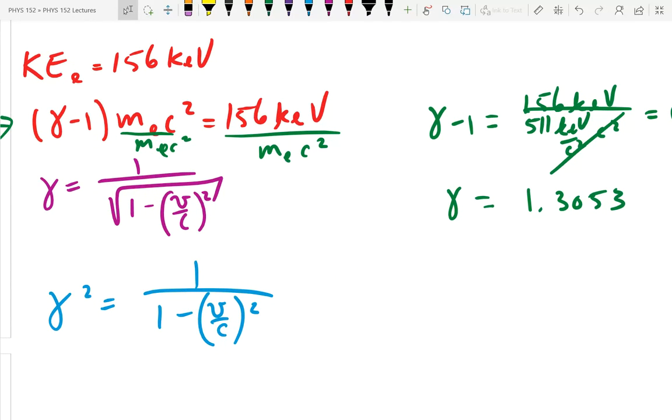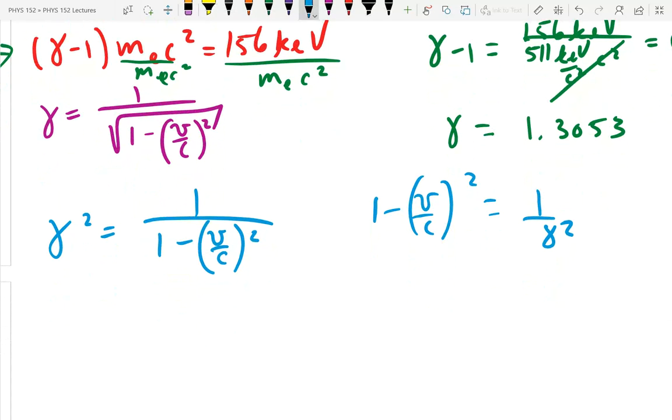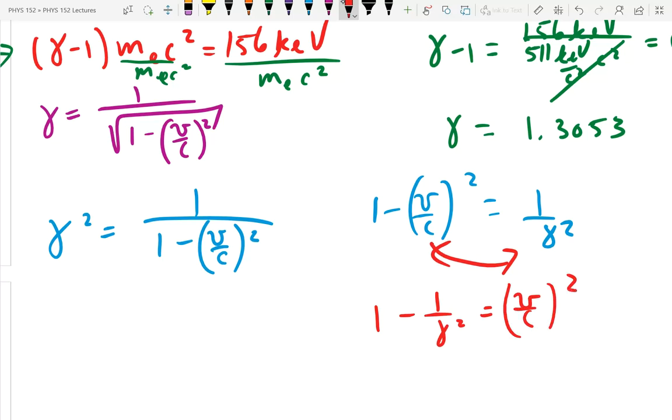Next step in this class, we're astute enough at math that we know that 1 minus V over C quantity squared is equal to 1 over gamma squared. Then we flip sides for these two things. And finally, we square root both sides.